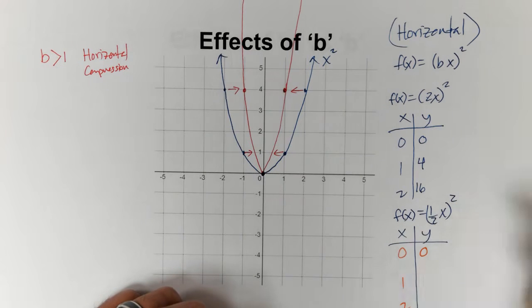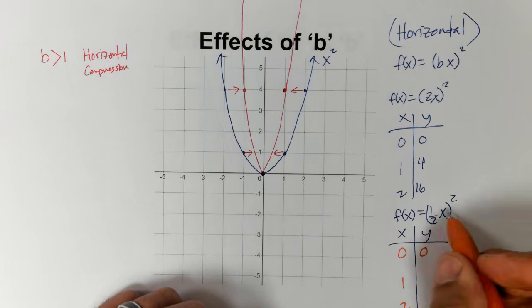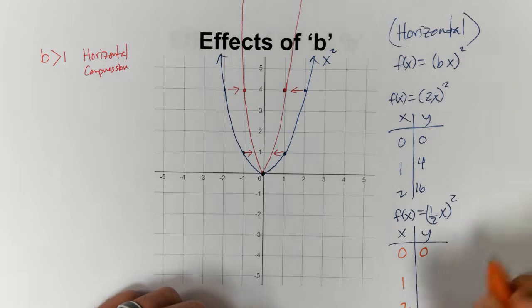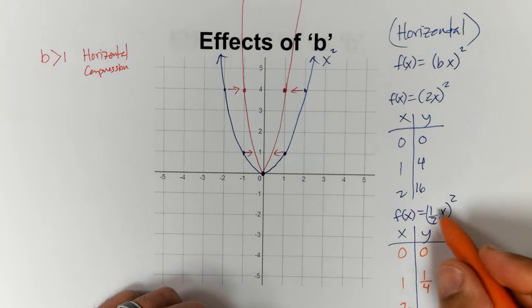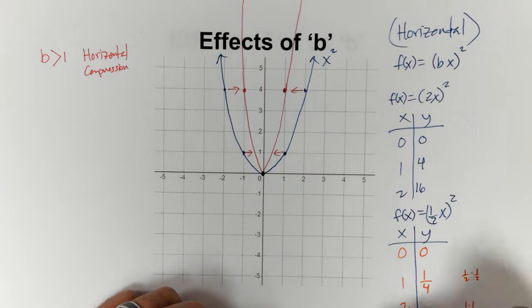Squared is still 0. 1 times 1/2 is 1/2. Squared is 1/4, see, 1/2 times 1/2 is 1/4, right? And then 2 times 1/2 is 1, and then 1 times 1 is just 1.